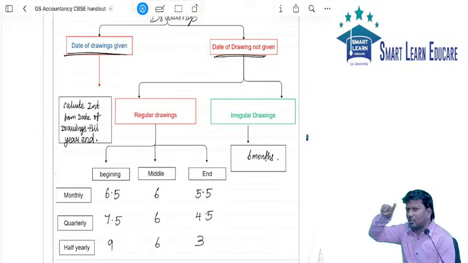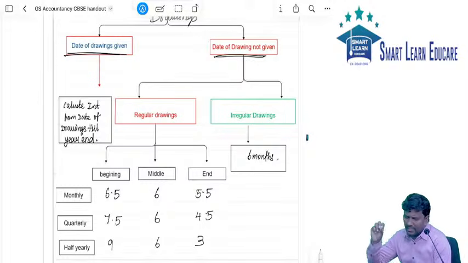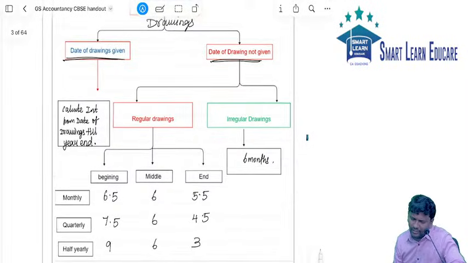First go through this. If required, write it also.